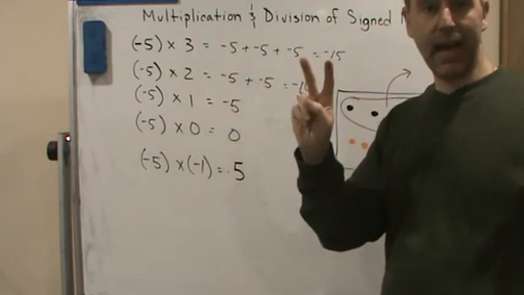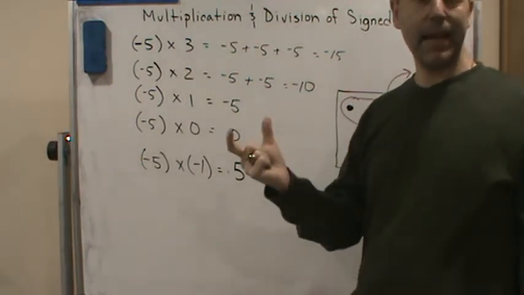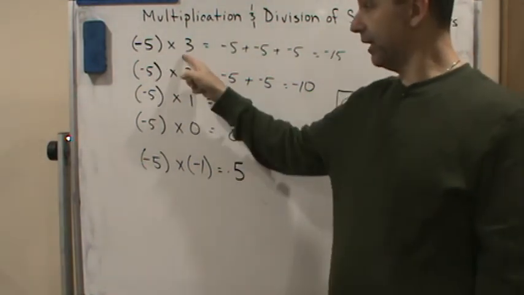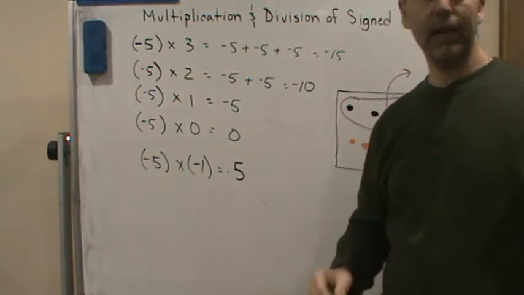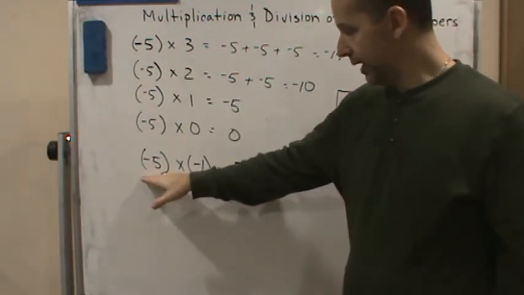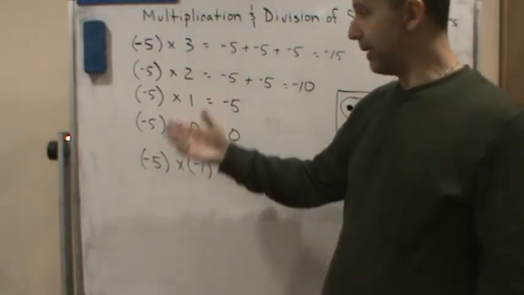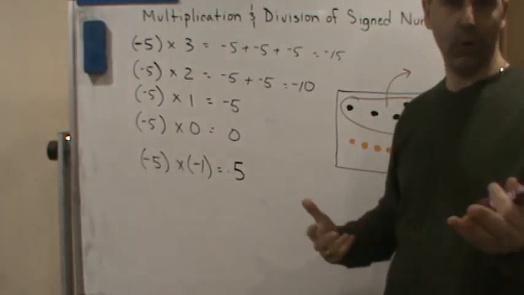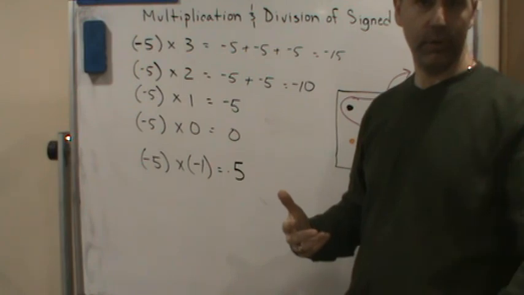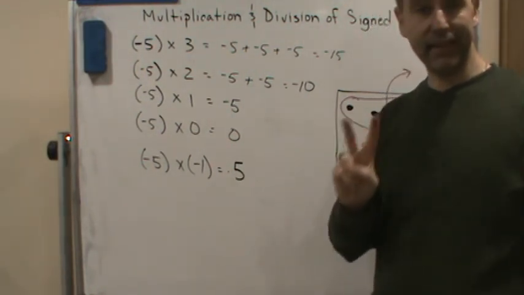So if they have opposite signs, the product is going to be negative. If they have the same sign, which means both of them are negative or both of them are positive, then the product is positive, as you've seen down here. So negative times a negative is positive. A positive times a positive is positive. I mean, we all know that, right? That's where we started with positive numbers, right? So that's the second step.